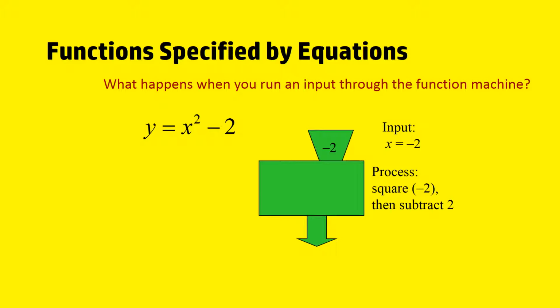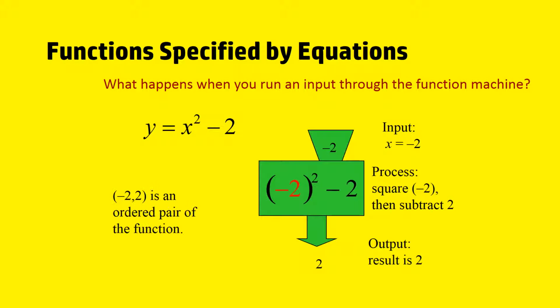That's what that function does. So the input is -2. It's going to get squared and the result subtracted by 2. So it's going to be 4 minus 2, or 2. So when you put a -2 into the machine, you get a 2 out of the machine. In other words, when x is -2, y is 2. And the ordered pair, -2, 2, is an ordered pair of the function.